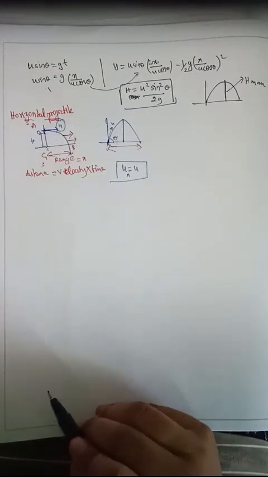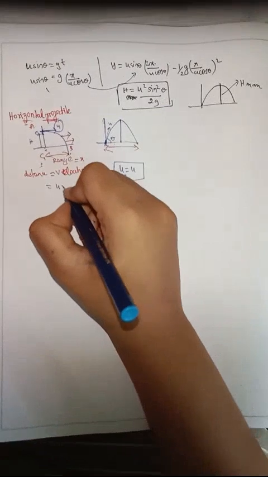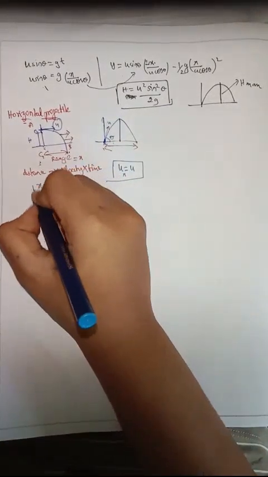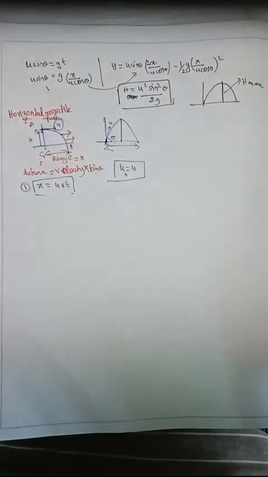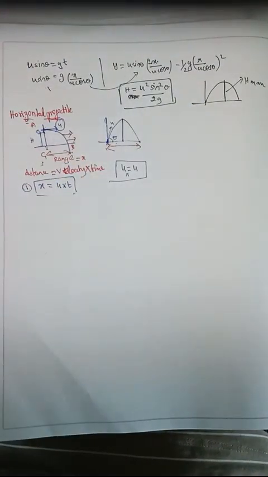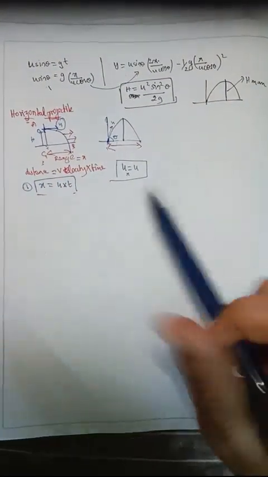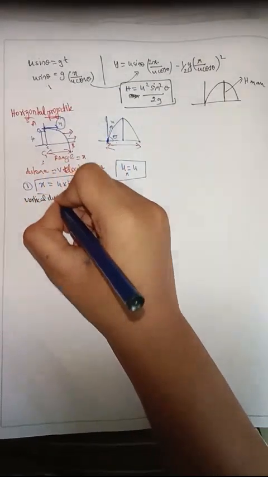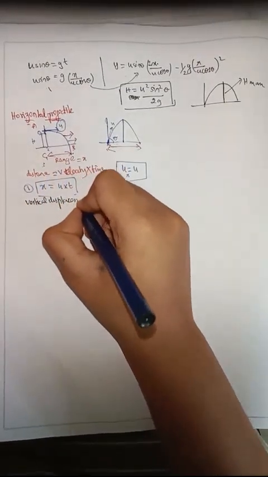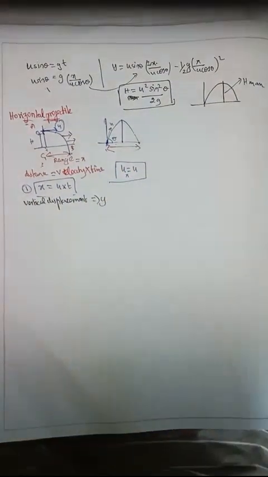Horizontal displacement we can say is x equals u into t. And if we have to calculate the vertical displacement, we take y as the vertical displacement.